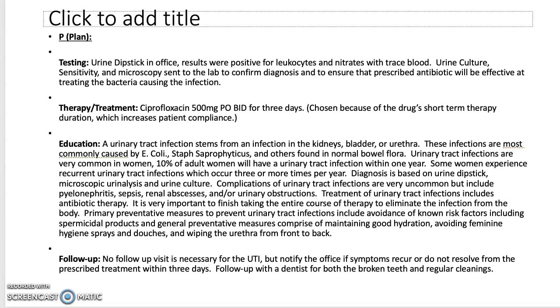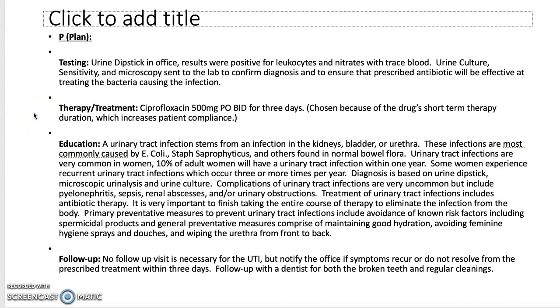So here's the plan, it's put into 4 sections, including testing. They did a urine dipstick in the office, which was already documented in the objective section, so this really doesn't need to be repeated in the plan, but then a culture was sent out, and there's a plan here for what to do when those pending results come back.